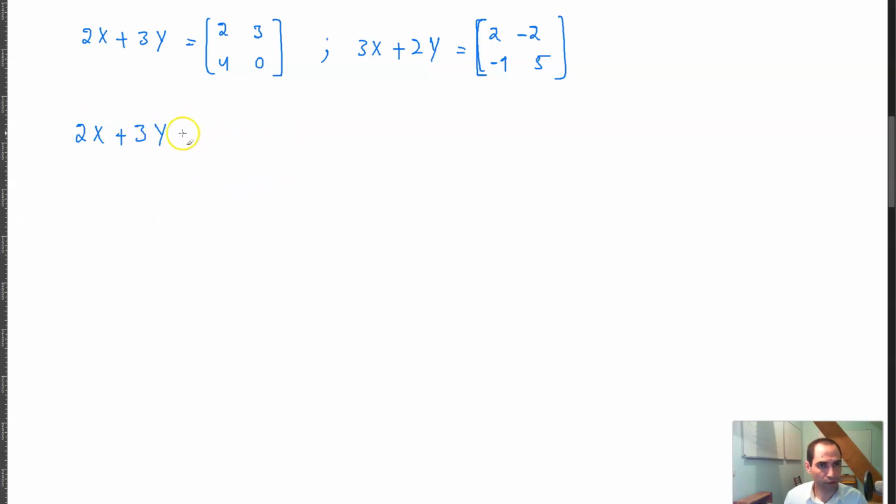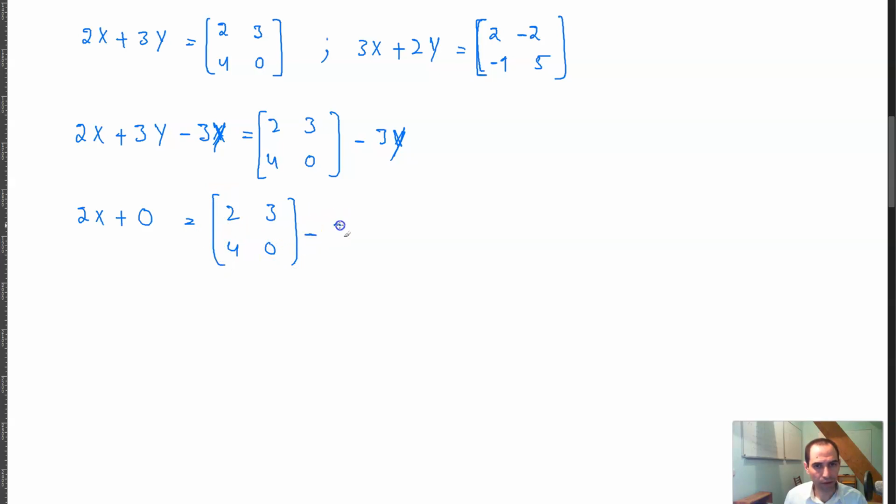So 2X plus 3Y minus 3Y is equal to 2, 3, 4, 0 minus 3Y, it has to be. Now, plus 3Y minus 3Y is equal to O. So that is 2X plus O is equal to 2, 3, 4, 0 minus 3Y.